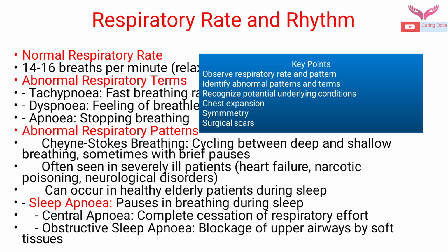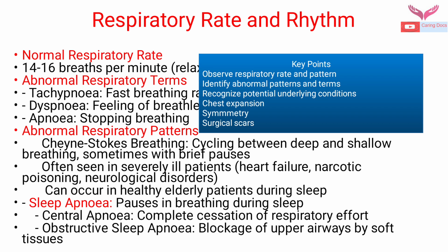We have to check for respiratory rate and rhythm. As we know, normal respiratory rate is 14 to 16 breaths per minute when the patient is relaxing. Tachypnea is fast breathing, dyspnea is feeling of breathlessness, apnea is when the patient is not able to breathe. Abnormal respiratory pattern like Cheyne-Stokes breathing is a cycling between deep and shallow breathing, sometimes with brief pauses, often seen in severely ill patients of heart failure, narcotic poisoning, neurological disorder.